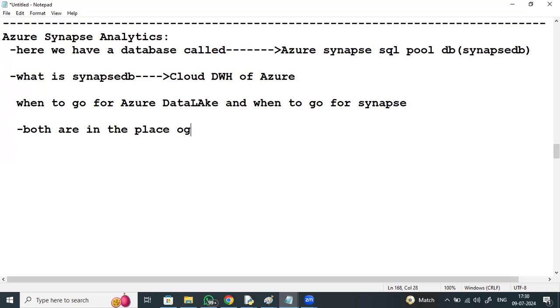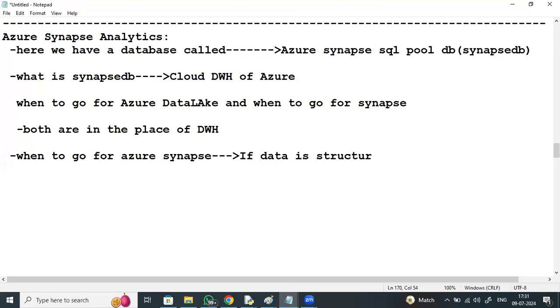Both are in the place of data warehouse, DWH. When to go for Azure Synapse? If data is structured.